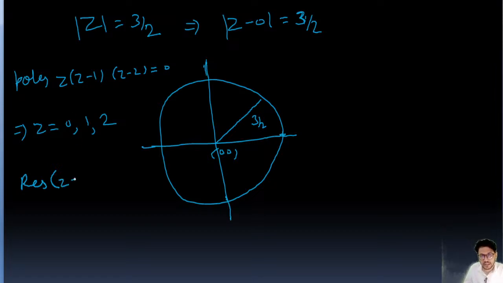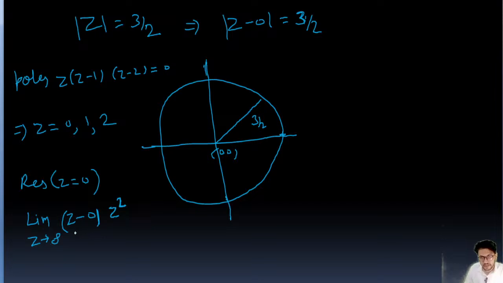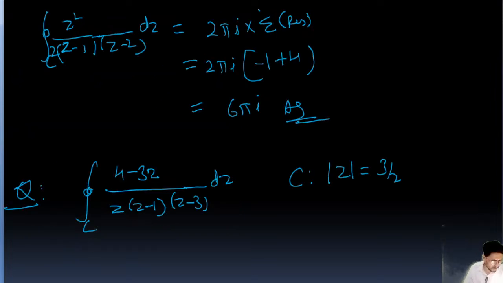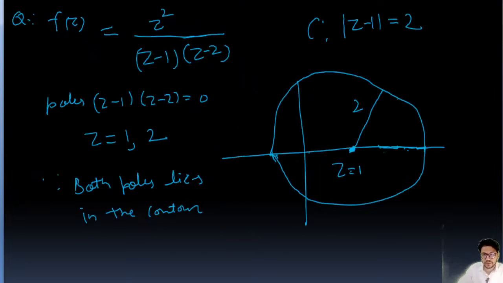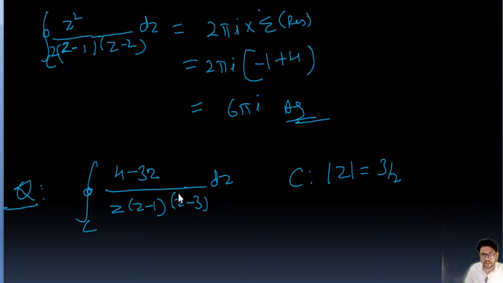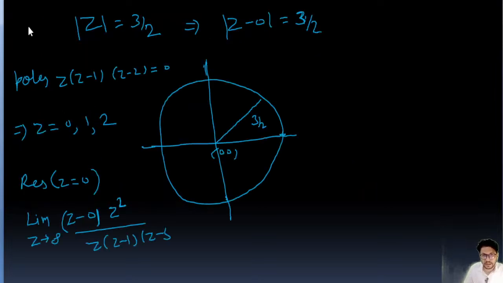So the residue at z equal to 0 is the limit as z tends to 0 of z into (4 minus 3z) upon z into (z minus 1) into (z minus 3). I made a mistake earlier, the factor is z minus 3, not z minus 2.